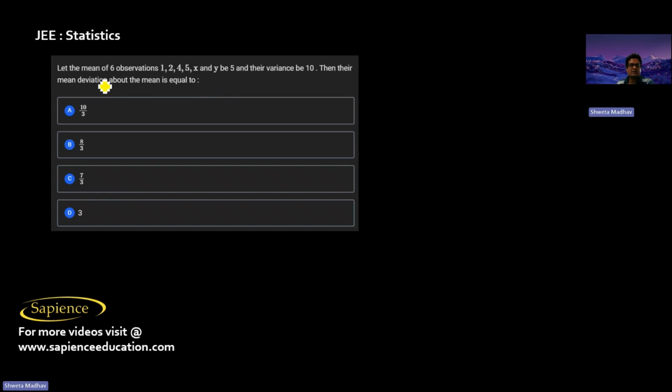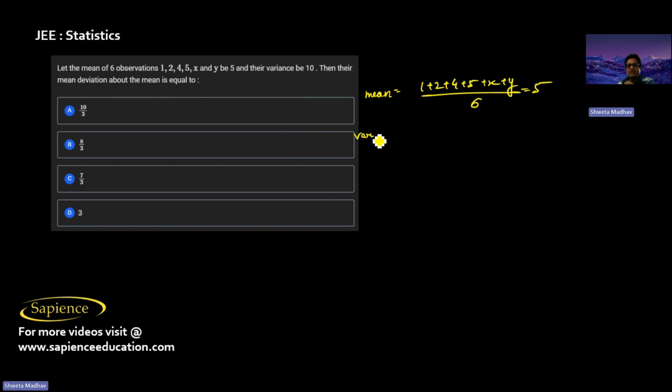Then here it is told, let the mean of 6 observations be 5, and the variance be 10. Then their mean deviation about the mean is equal to, so the mean value is equal to 1 plus 2 plus 4 plus 5 plus x plus y divided by 6, that is equal to 5.